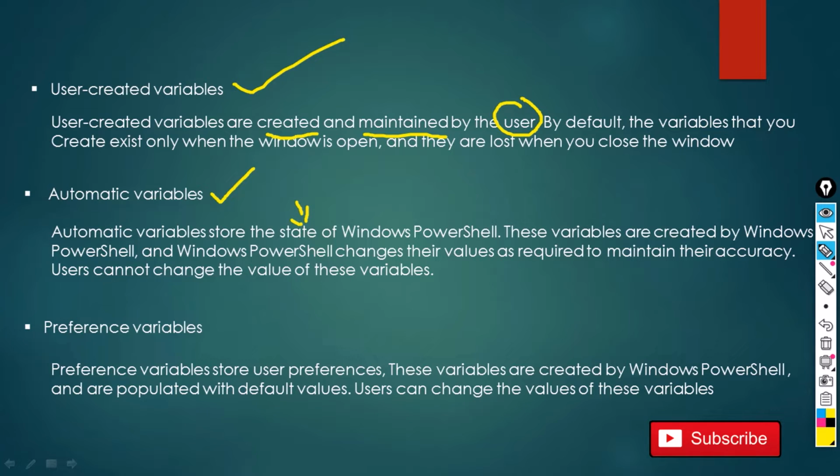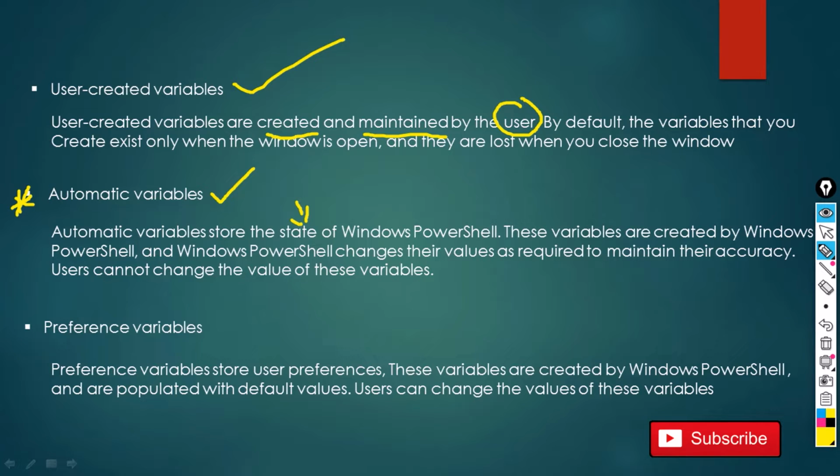They store some information with respect to Windows PowerShell, and these are maintained by PowerShell itself. So you have no authority to change that information, because it is going to change the system state or the PowerShell state itself. So you don't need to mess around with these automatic variables.